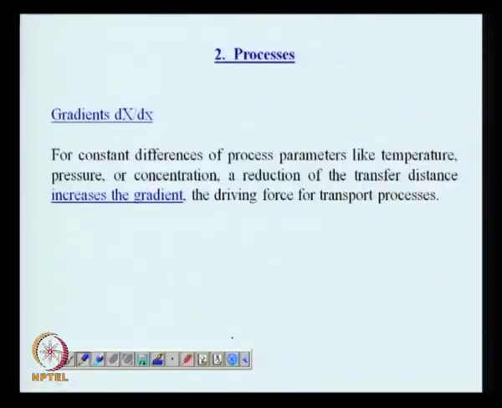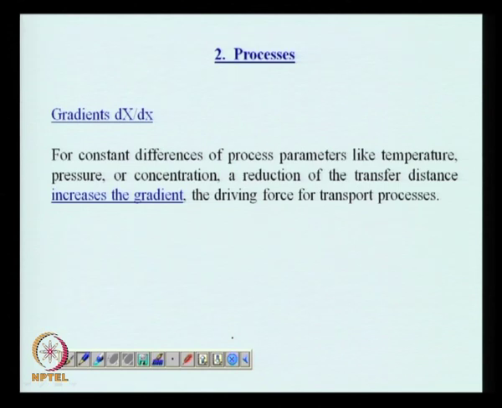So, first we think about the root cause of any transport, be it momentum, heat or species. Now, when we have a difference between the temperature, pressure or concentration at two different points, it's the gradient which is going to cause molecular transport of heat, mass or momentum between these two points, between these two surfaces.